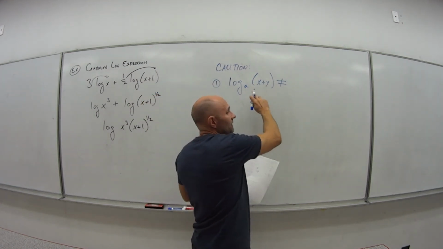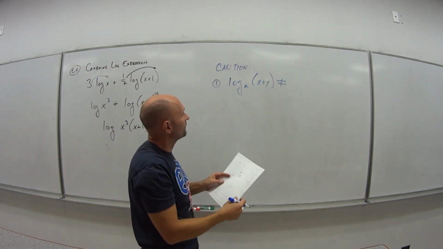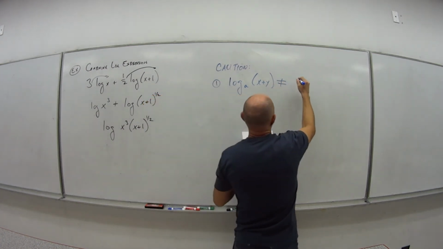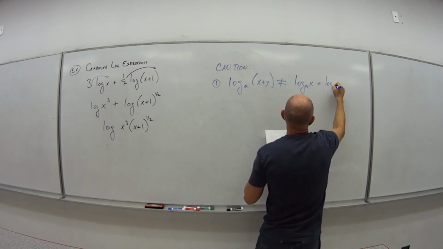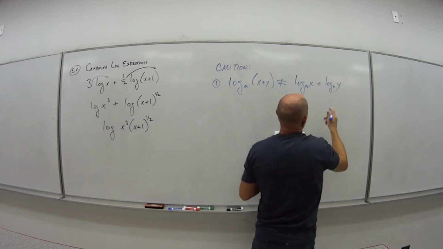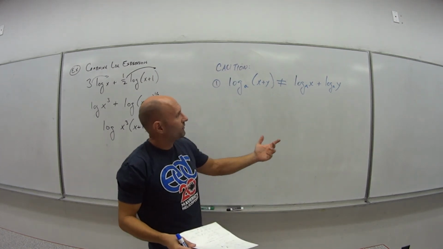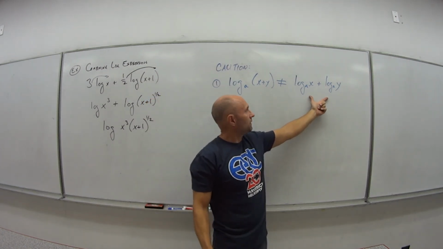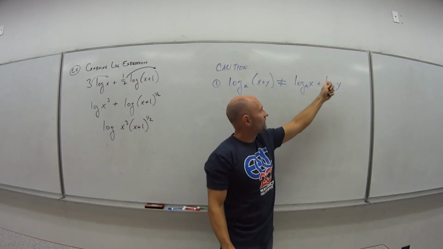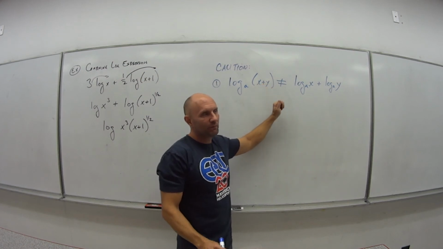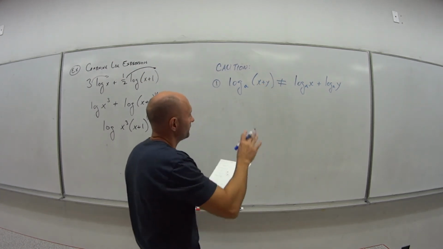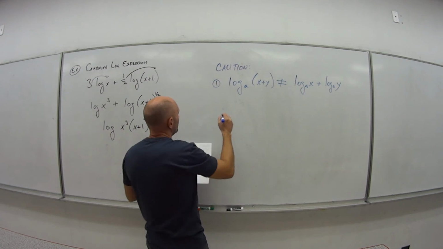So if I have the addition of 2 pieces inside the parentheses, this is not the same as just separating them: log base A of x plus log base A of y. And why is that? Well, if this is what I was given, using my law of logs, what would I get? Log base A of x times y, not x plus y. So don't make that mistake. We're not adding the pieces, our x and y.